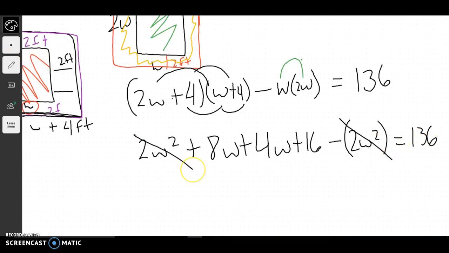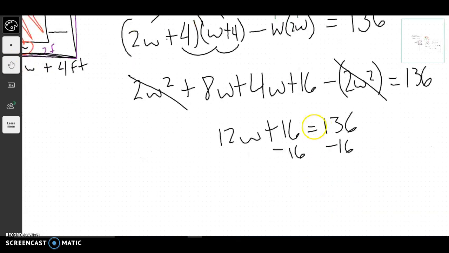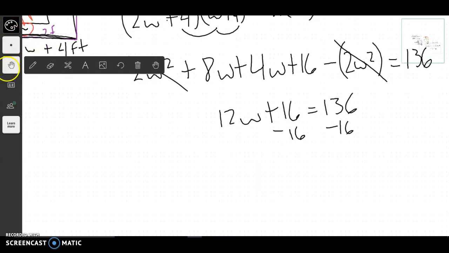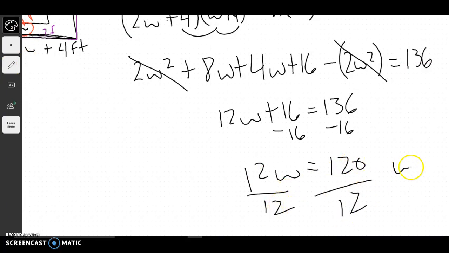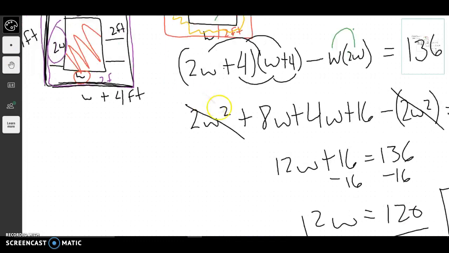We can cancel that with that right away. That would just become 12w plus 16 is equal to 136. Subtract the 16, subtract the 16. I would have 12w equals 120. Divide by 12, divide by 12. W equals 10. So we just found the width to be 10. And that would answer all my questions.